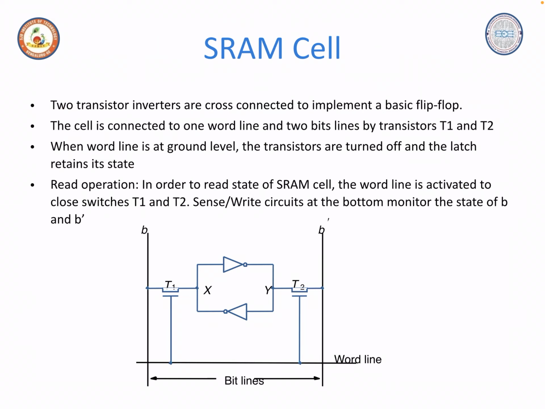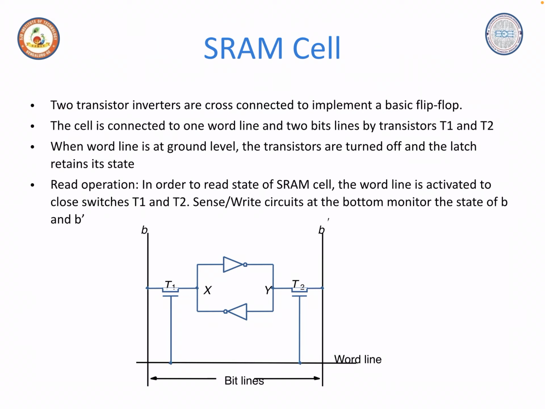It can be used to retain the data as long as the power is applied. That's the reason why we call it static memory. As long as the power is present, static RAM can store a single bit of information.